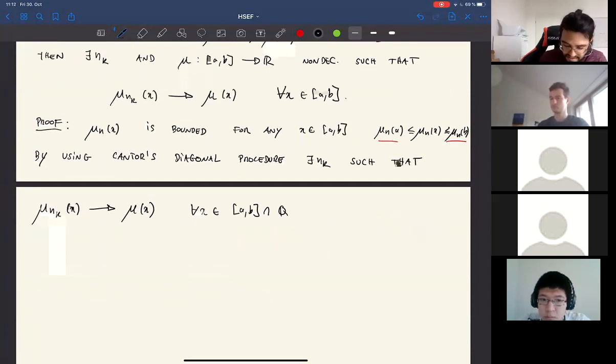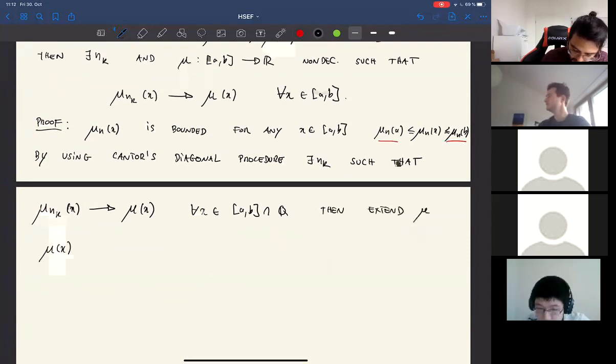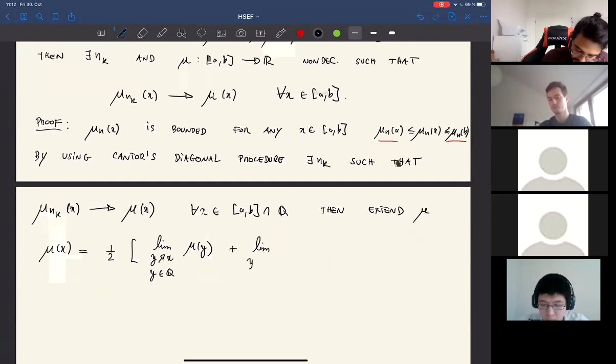I will extend it so that it's normalized: the limit as y goes up to x, with y rational, of mu(y), plus the limit when it goes down.